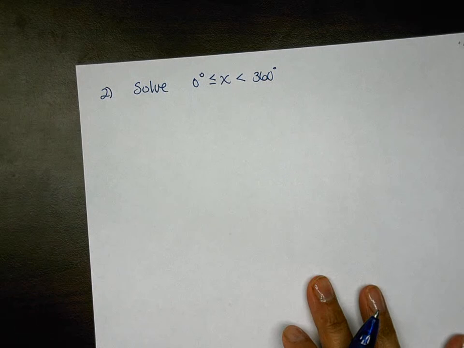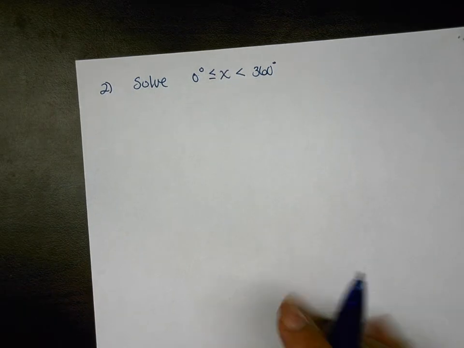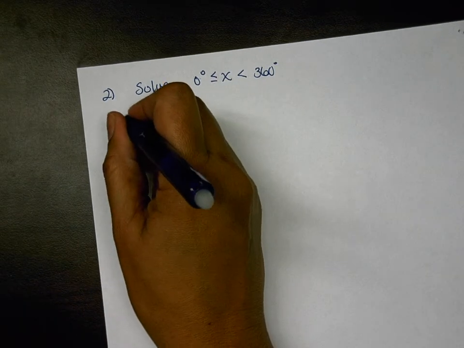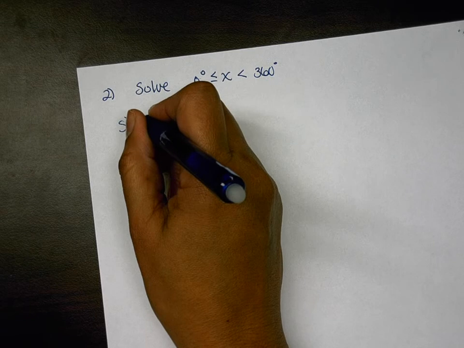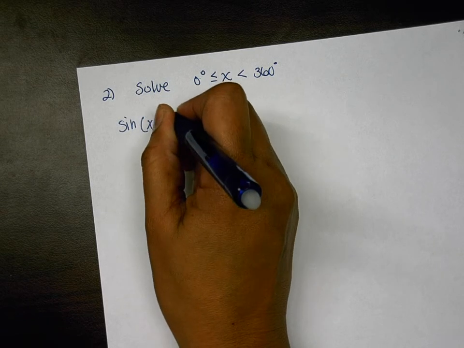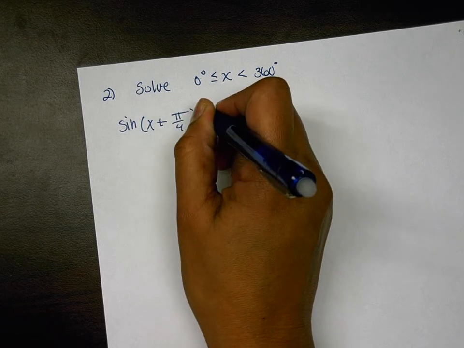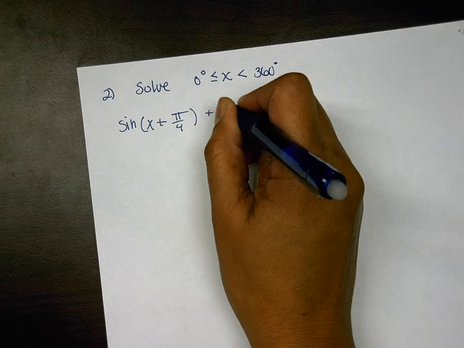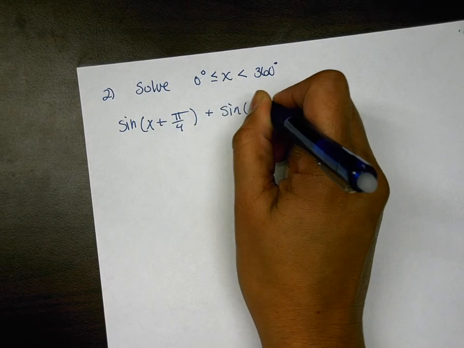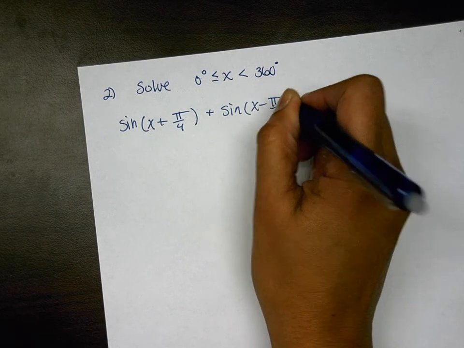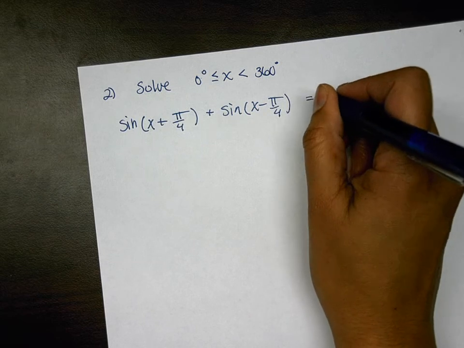We've done those before. And here we go. Here's how it's going to change for this unit. Sine of (x plus pi over 4) plus sine of (x minus pi over 4) equals -1.